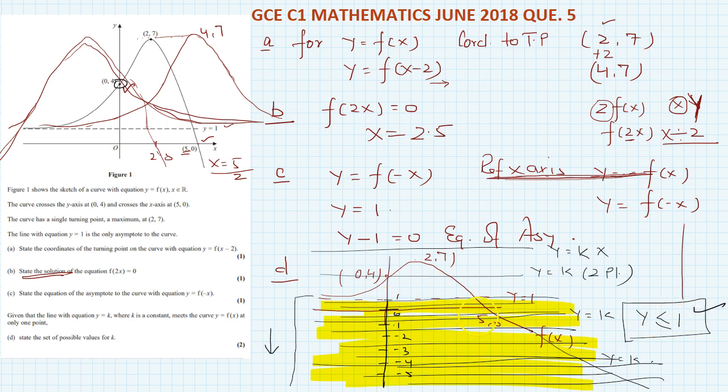It's meeting the graph only at one place. Then there's one more point. If it just touches, this is also meeting the graph at one point. So y is equal to 7. So we have these two solutions.